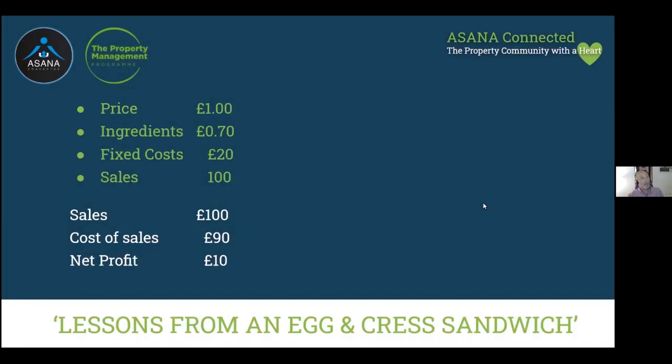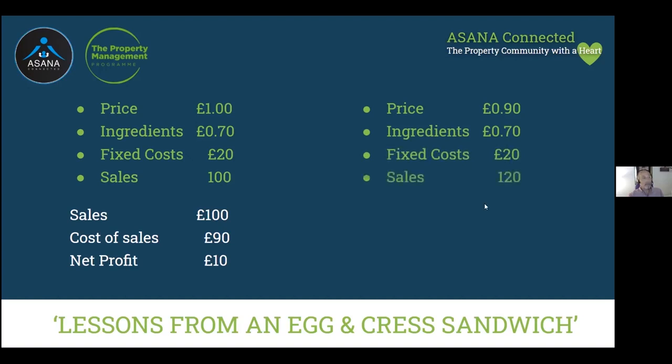So here's our original situation. We're making £10 profit on £100 of sales, and we're dropping the price to 90p. Ingredients haven't changed. There's still eggs laid by golden geese, cress picked at midnight by a princess. Our fixed costs are fixed costs, so they're still £20. But now we are selling, let's say, 20% more.